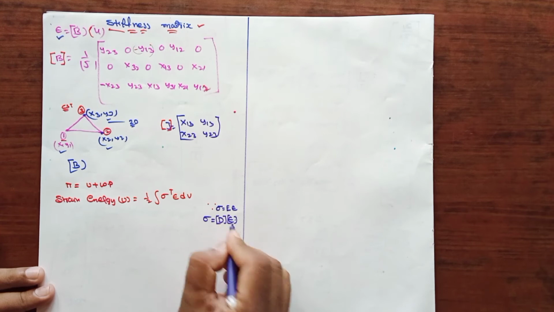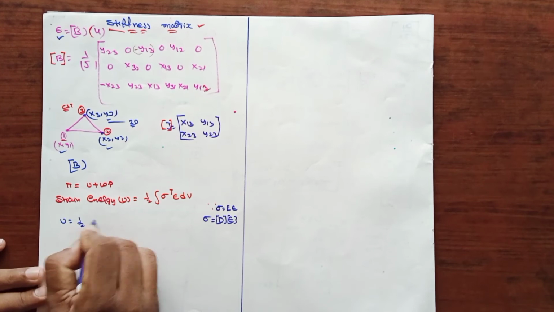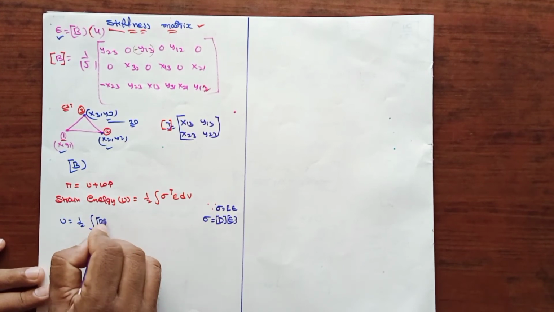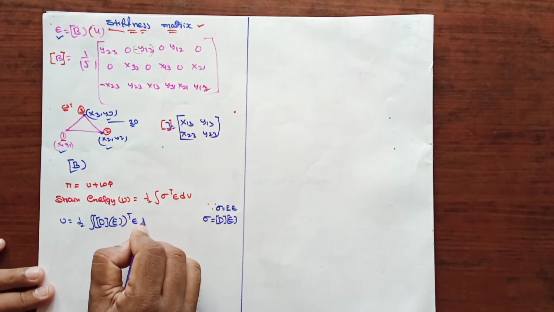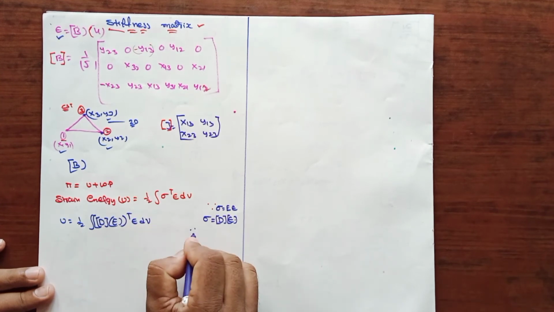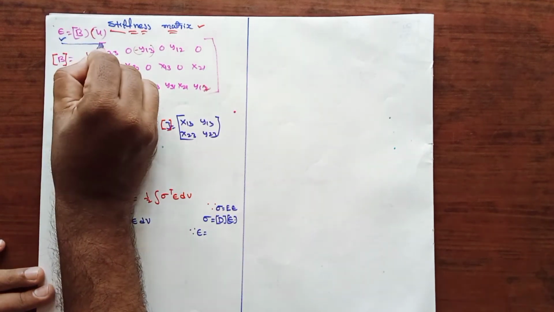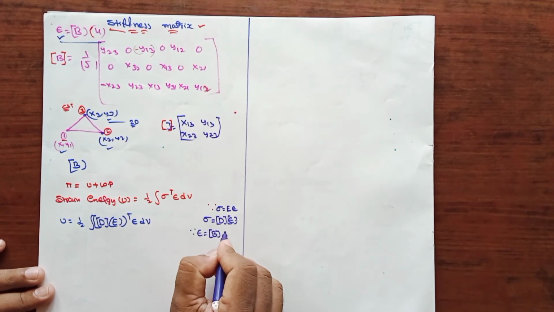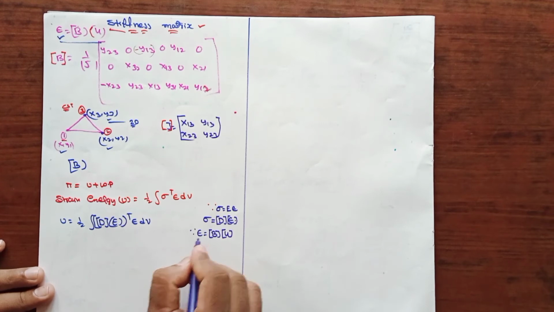Therefore, we substitute it into the strain energy: half into integral of the D matrix into epsilon matrix, to the power of transpose, into epsilon into dV. Since we have also written epsilon in terms of the matrix B and the nodal displacement U, we substitute that epsilon into this equation.